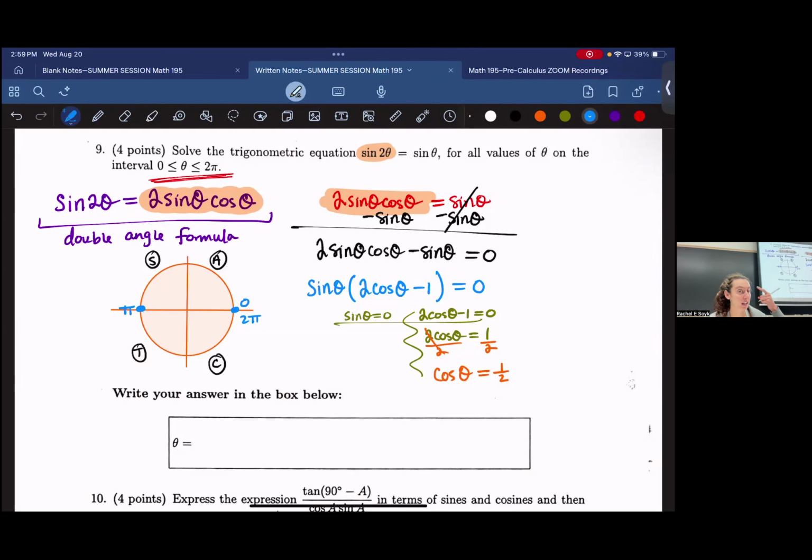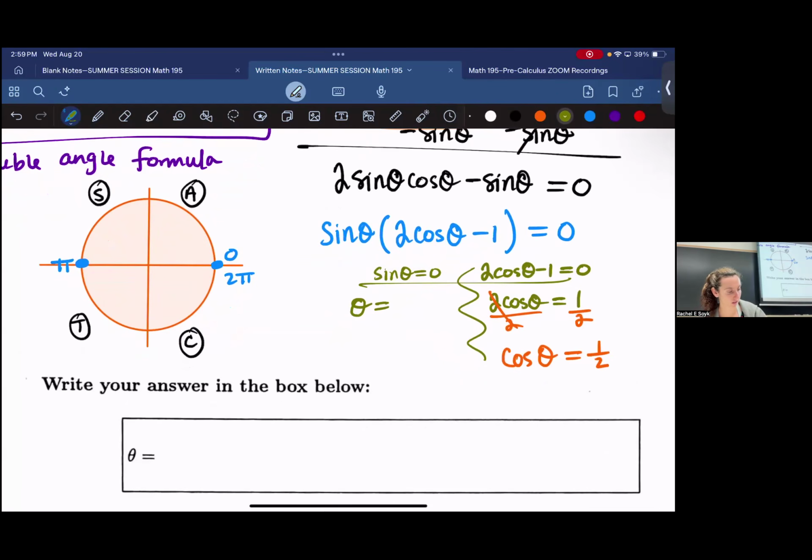It's not negative 2 pi because that doesn't lie in the bounds. It's just 0, pi, and 2 pi that give you 0 if you plug theta in. So for sine, the solutions are 0, pi, and 2 pi.